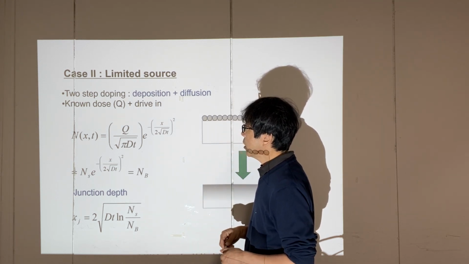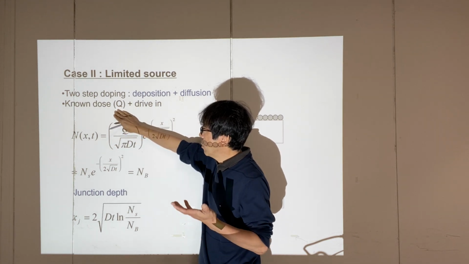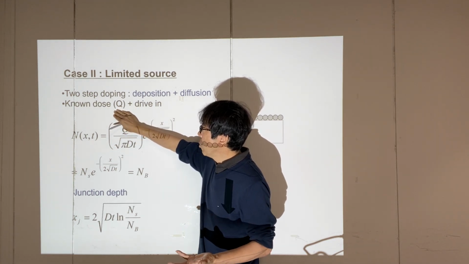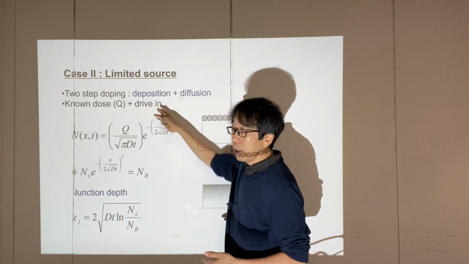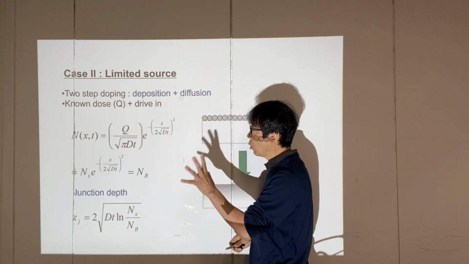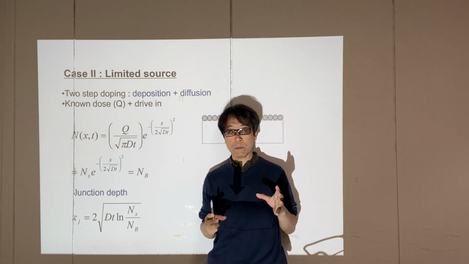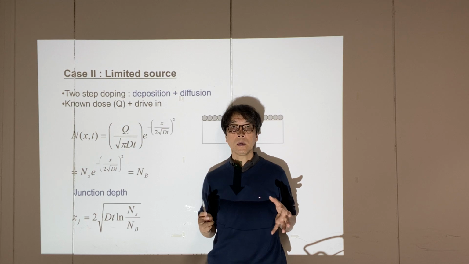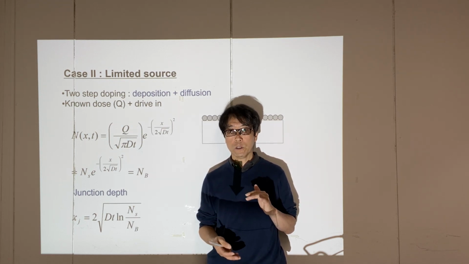In this case, you would provide a certain known dose on the surface, followed by driving. That dose is the total integral amount of concentration. You have a certain amount of volume, depth, concentration, and area.